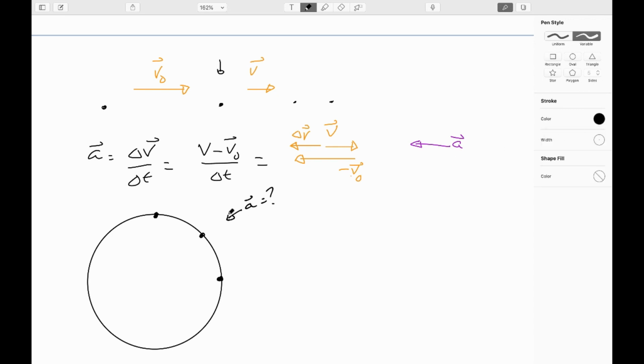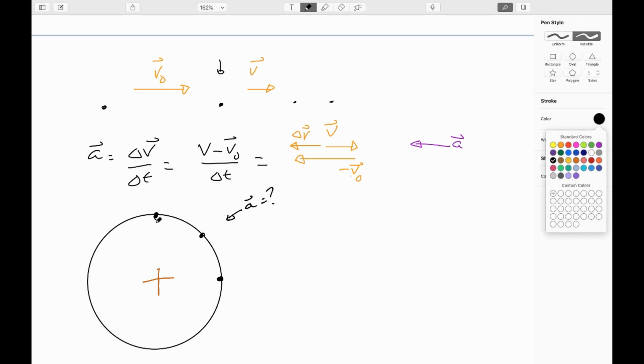The recipe is going to be to come up with the velocity in the interval before and the interval after. So to do that, we're going to have to find our change in position. So let me just go ahead and put the origin of our coordinate system in the center of the circle. That will hopefully make it the easiest.